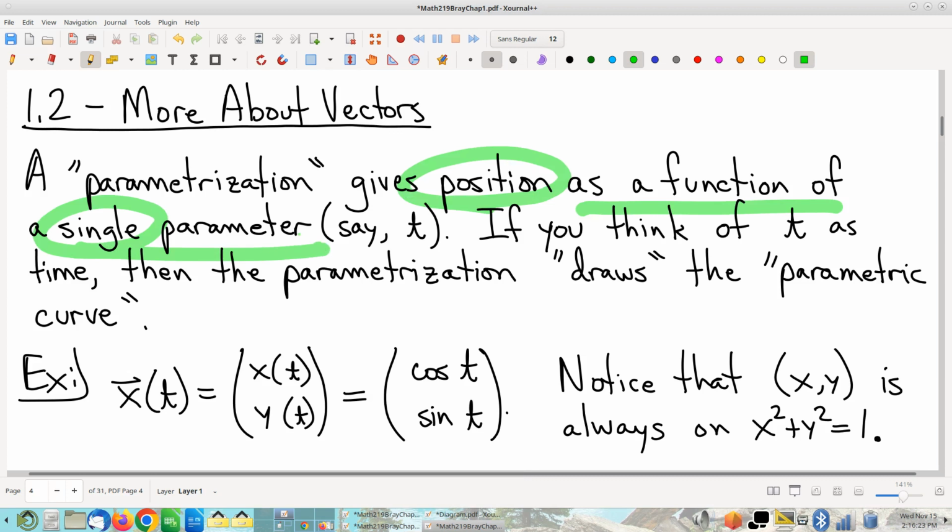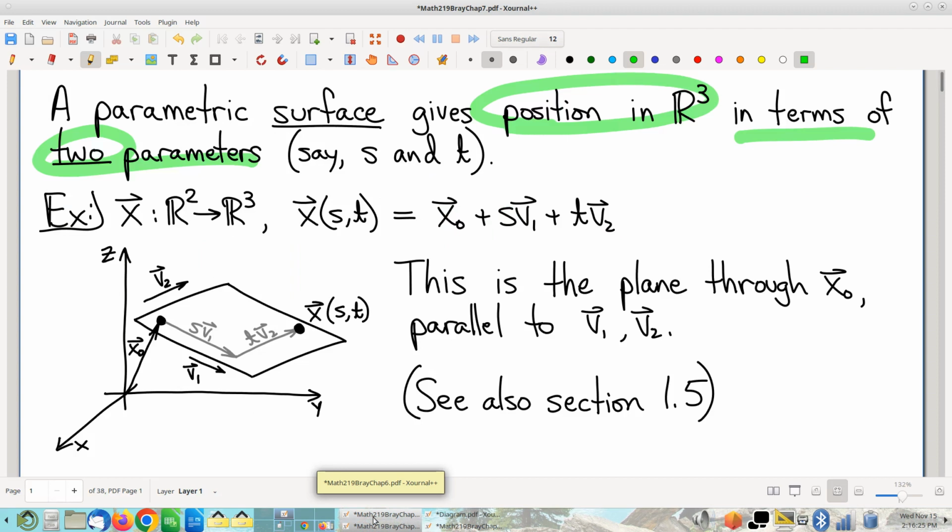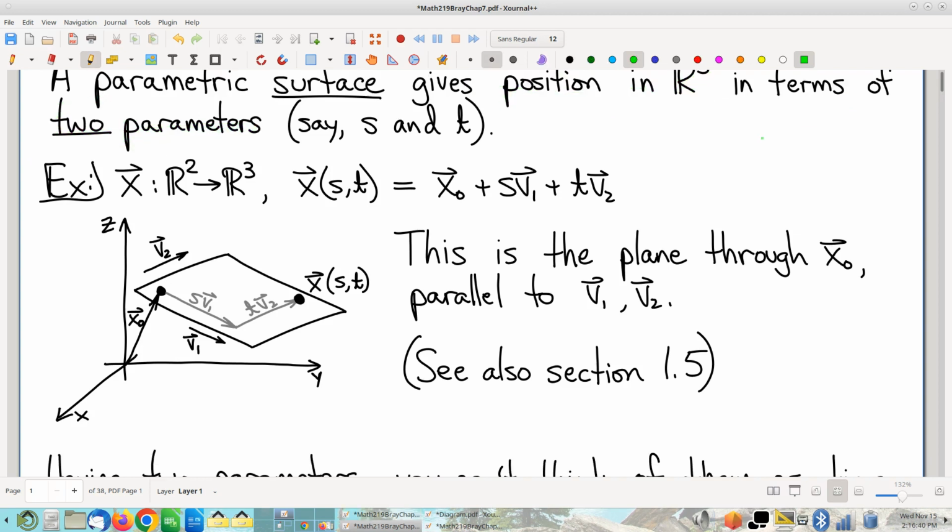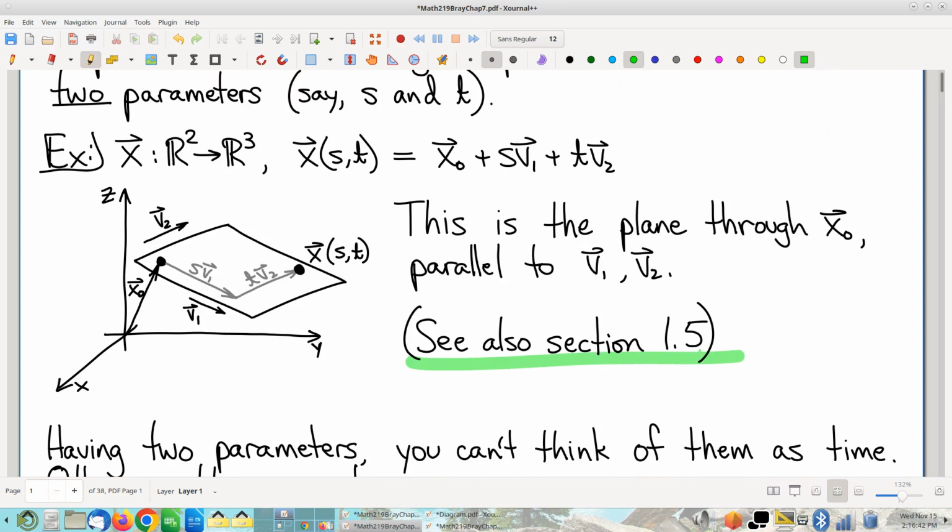So this idea of looking at position as a function of two parameters is a perfectly natural extension of this existing idea that we've already done a lot of stuff with. So let me start with an example that we've all seen before. This goes back to section 1.5. If you want to refresh yourself, remind yourself all the details of this.